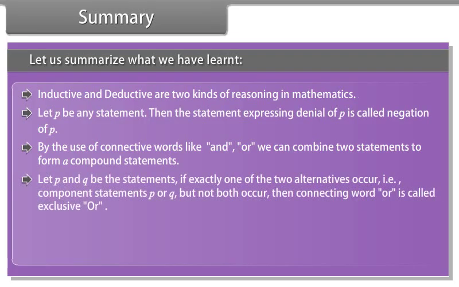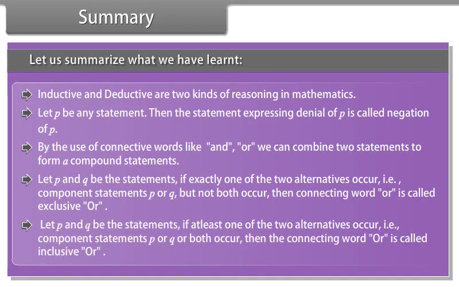If exactly one of the two alternatives occurs, that is, component statements P or Q, but not both, then the connecting word or is called exclusive or. If at least one of the two alternatives occurs, that is, P or Q or both occur, then the connecting word or is called inclusive or.